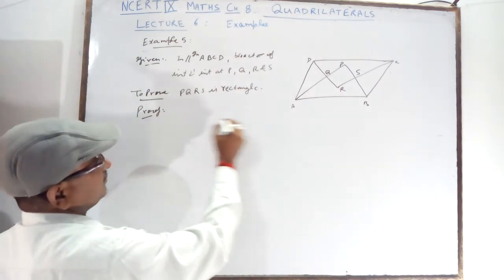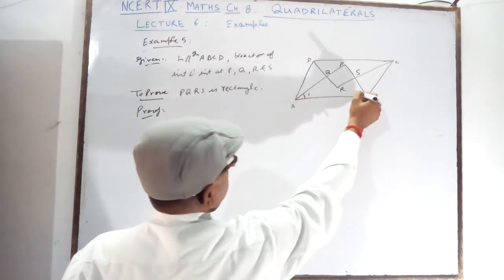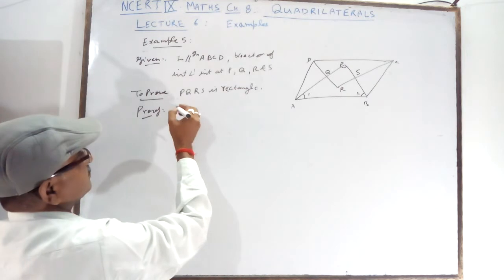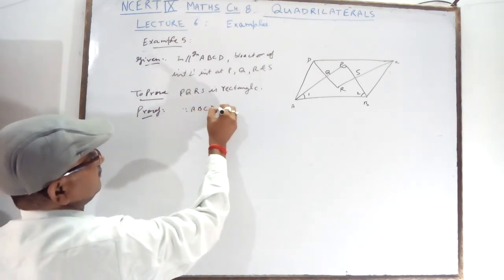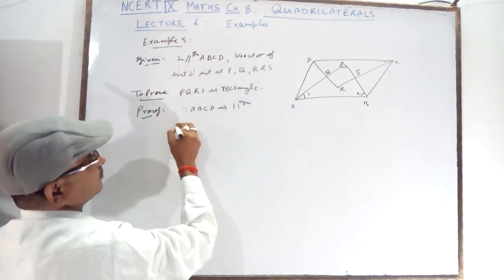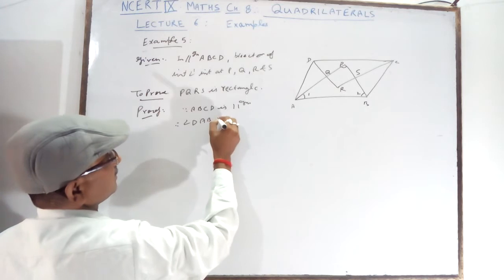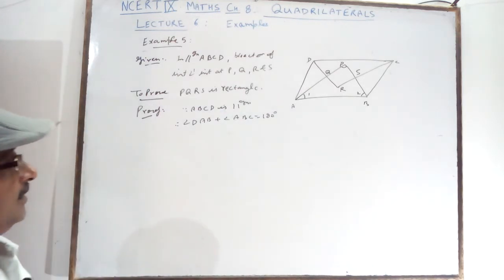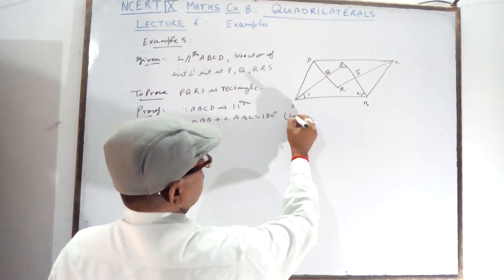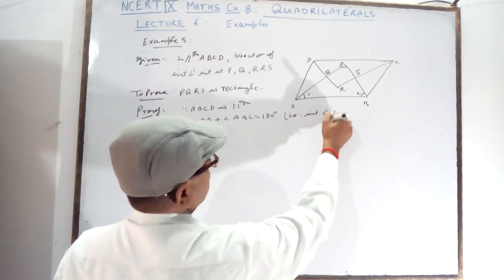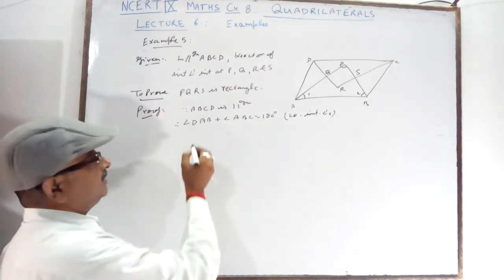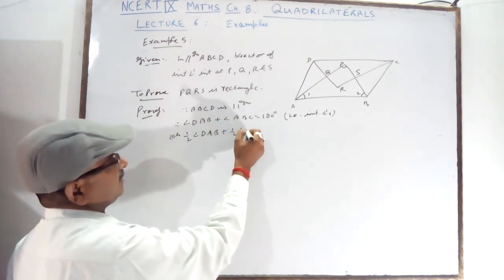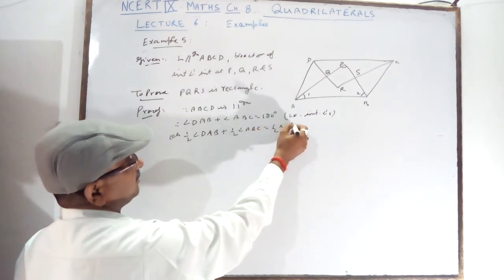In the proof you will write down here angle 1 and angle 2, and it is angle P. Because ABCD is a parallelogram, angle DAB plus angle ABC is equal to 180 degrees. Reason: adjacent angles of a parallelogram, co-interior angles. So half of angle DAB plus half of angle ABC is equal to half of 180.